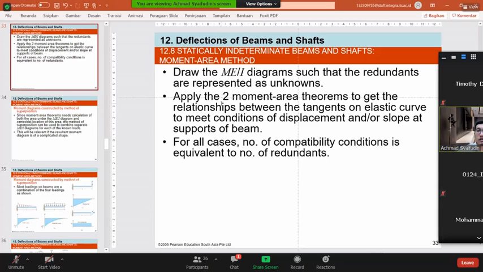Apply the two moment area theorems to get the relationship between the tangent and elastic curve to meet the condition of displacement and or slope at something. The number of compatibility conditions is equivalent to the number of redundants.